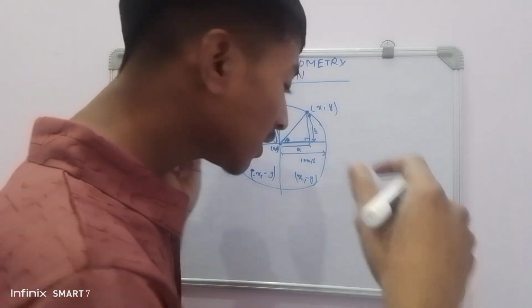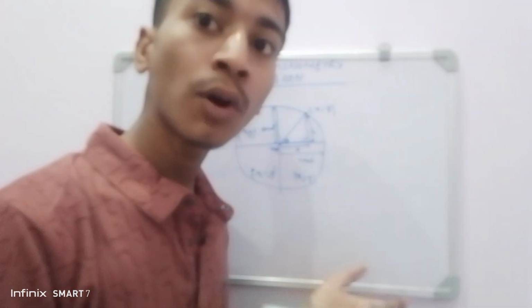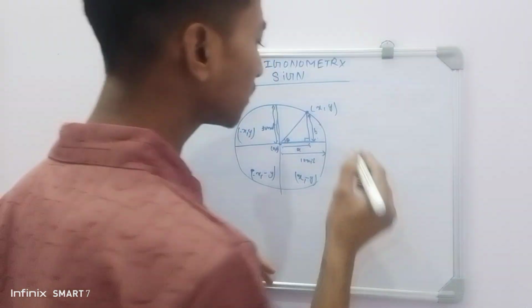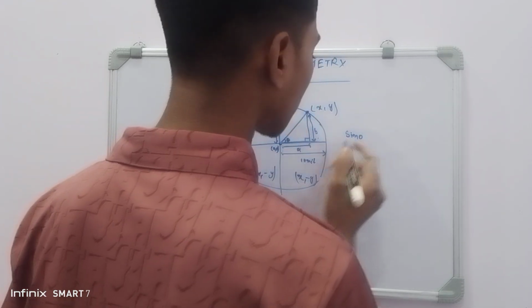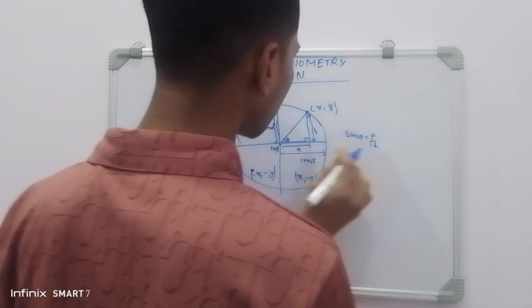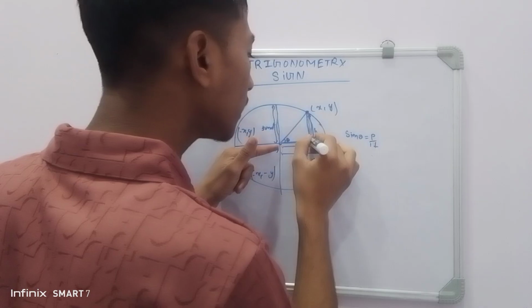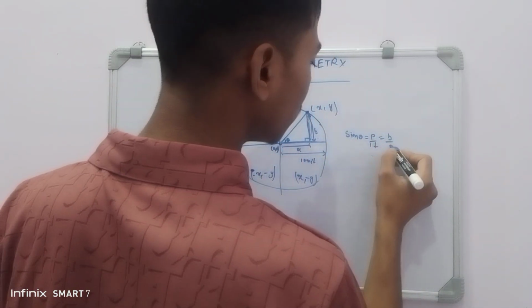And if I tell you to write this coordinate in the form of trigonometric functions, how will you find it? Let's suppose I have asked you to find sine theta in this triangle. You know that sine theta means perpendicular by hypotenuse, and for this theta the perpendicular is B and the hypotenuse is 1.